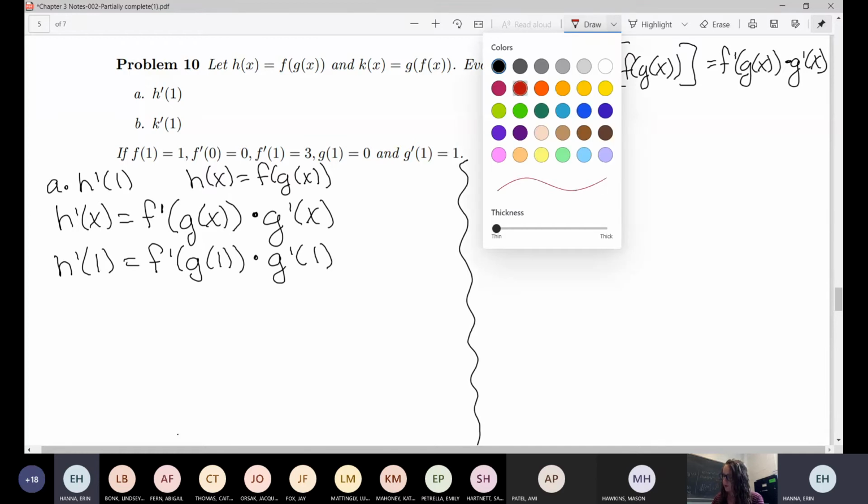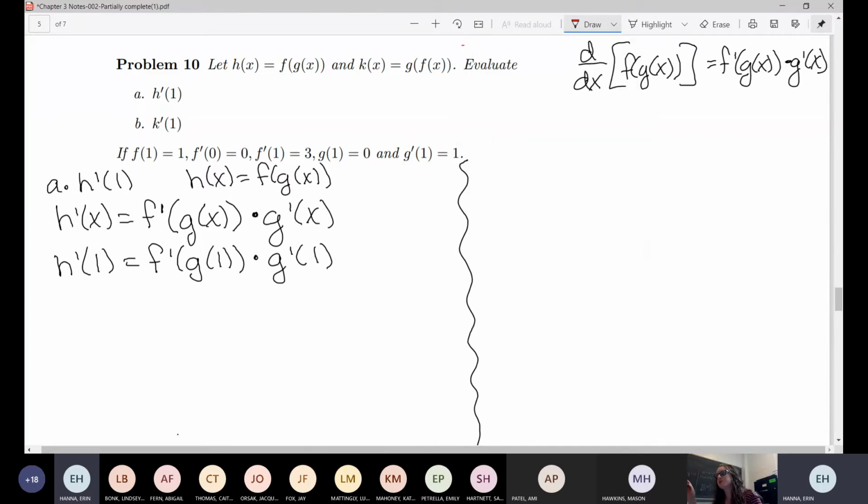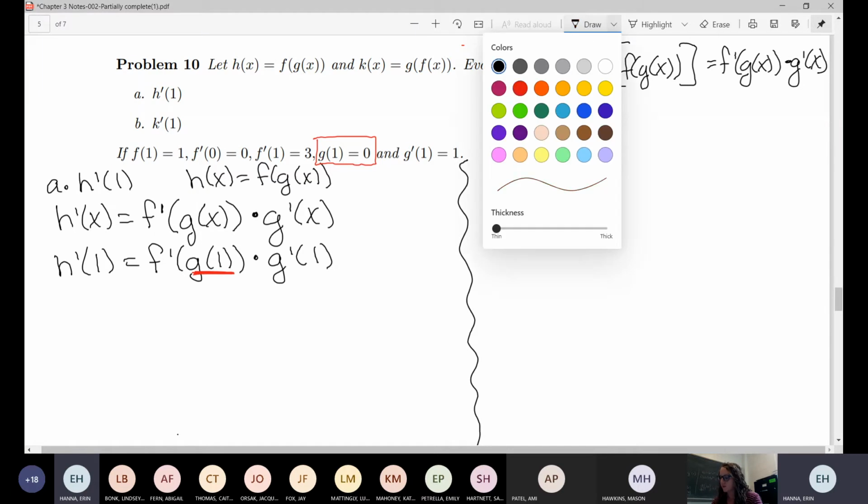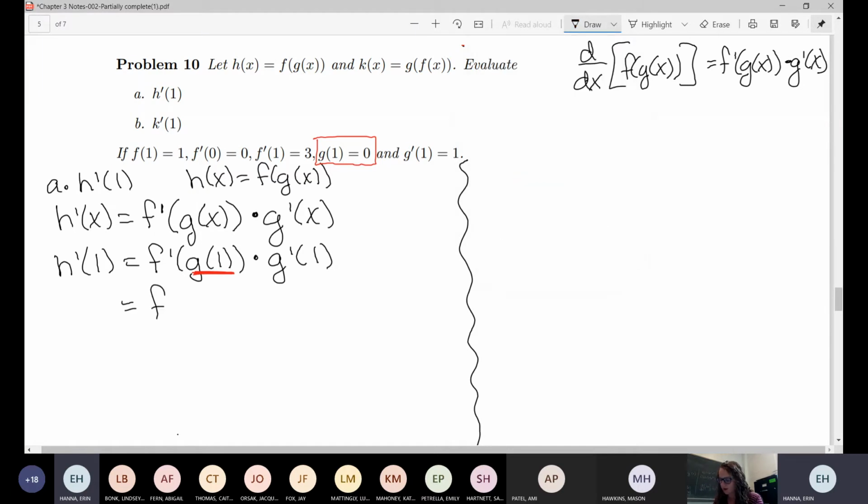And remember back from when we talked about compositions for the very first time, whenever you're working with compositions, it's inside out. So we would want to focus on this g of 1 first. And now I go back up and I say, okay, well, what am I told g of 1 is? I'm told g of 1 is equal to 0. So I can replace that with 0.